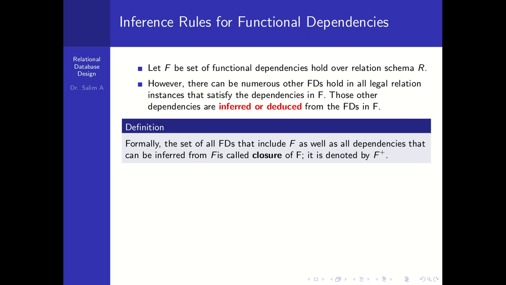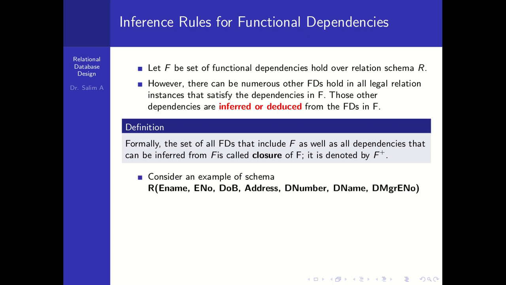Therefore, what does closure mean? Given a set of FDs, you can infer some other FDs. The set of all possible FDs, the given FDs plus those which are inferred, together is known as the closure.